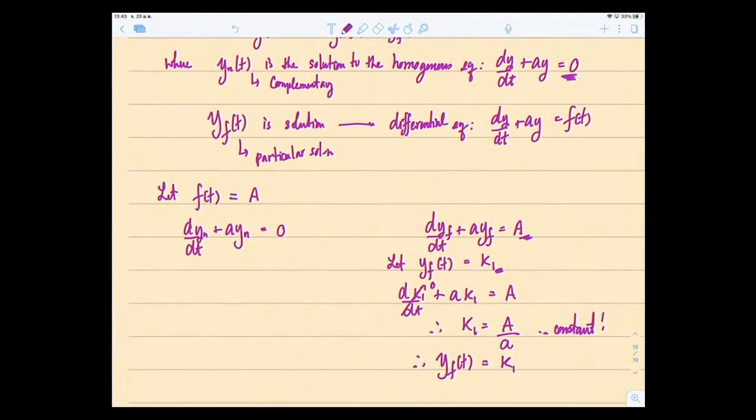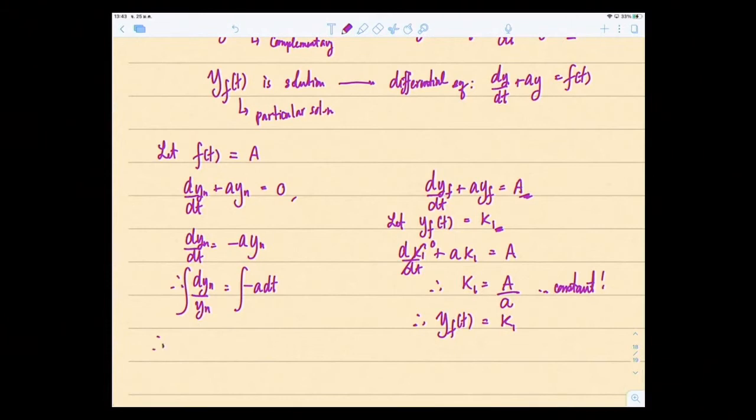Back to the homogeneous equation. This is what we did for the source-free circuit, so you can use separation of variables. You have dyn/dt equal to minus a·yn. Separate the variables, with yn on one side and dt on the other side of the equal sign, and integrate both sides.